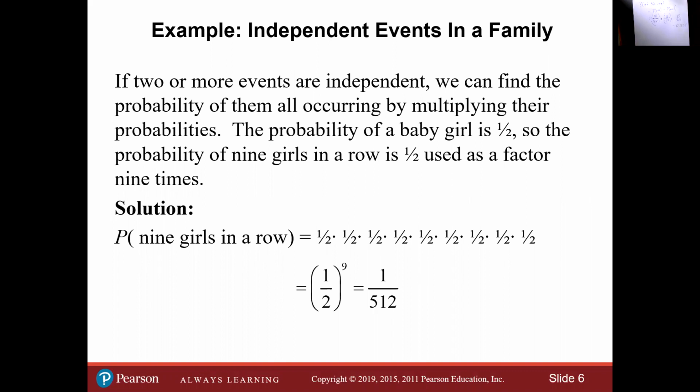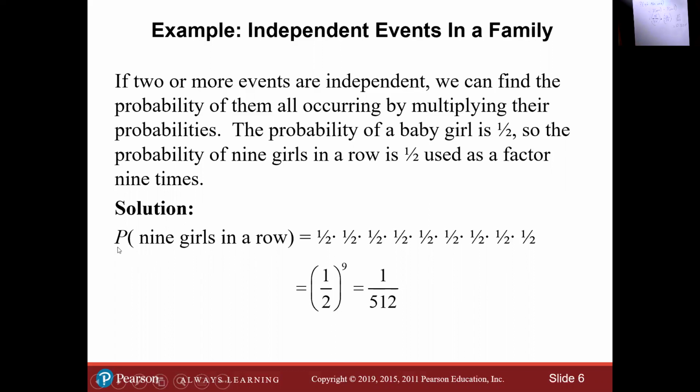The probability of a baby girl is 1/2. So the probability of 9 girls in a row is 1/2 used as a factor 9 times, which in English means we're going to multiply it 9 times. But remember, in math, we already have an operation that means repeated multiplication, and that is exponent.